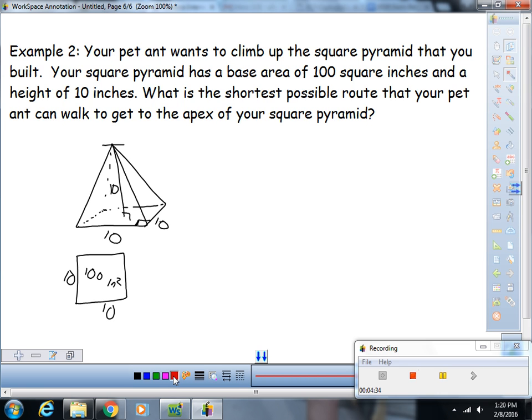Do you know what route is the shortest? You think this one's the shortest? Your ant cannot walk up the altitude. Good. So where is that slant height? It would be the altitude of that triangle that's leaning over.